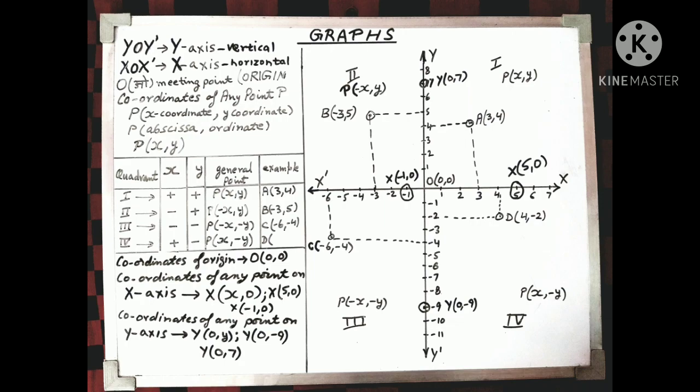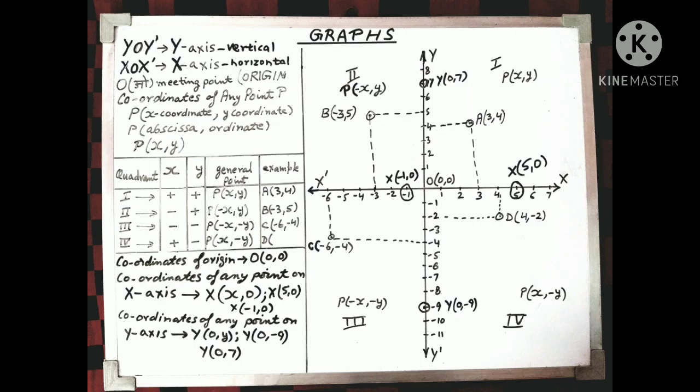Now the coordinates of the origin are O(0, 0). Suppose any point lies on the x-axis. Then we observe that this point has some value of x, but the y coordinate will not be there. So any general point on the x-axis will be written as (x, 0), for example (5, 0) or (-1, 0).